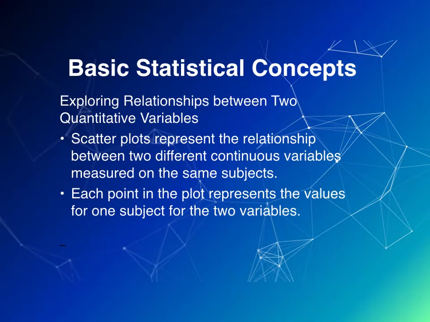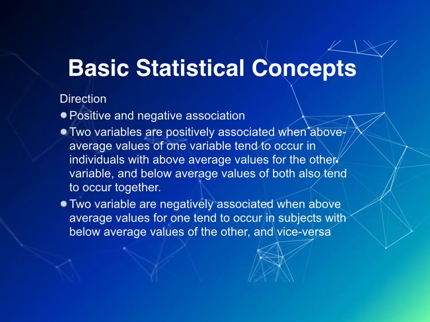Scatter plots are an ideal way to look at relationships between different variables. You look for positive associations. Two variables are positively associated when above average values of one occur in individuals with above average values for the other. Two variables are negatively associated when the opposite is true.